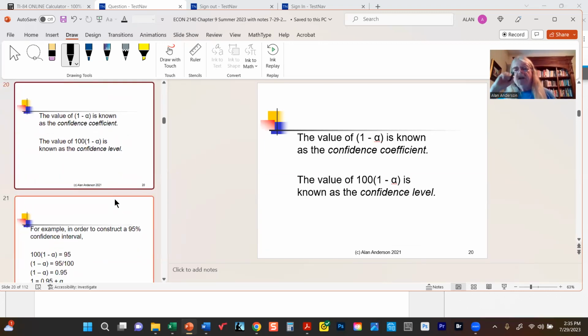First of all, 1 minus alpha is known as the confidence coefficient. Now, by the way, I want to point out before we go any further, alpha is bounded between 0 and 1. If I multiply this by 100, it is now known as the confidence level. So confidence coefficient, confidence level.